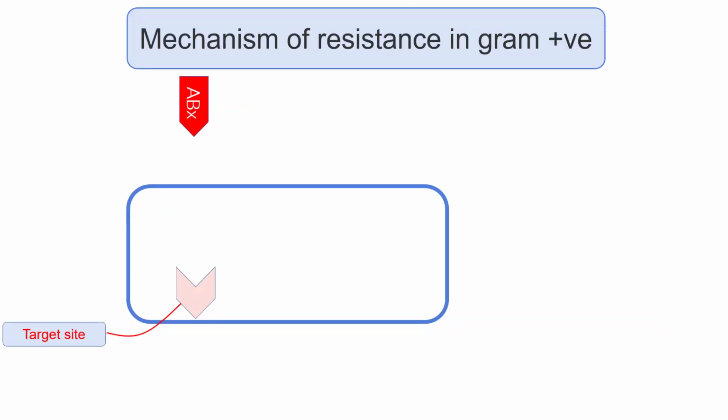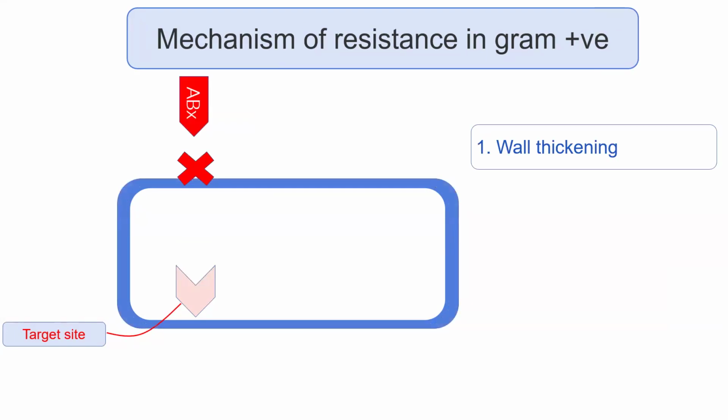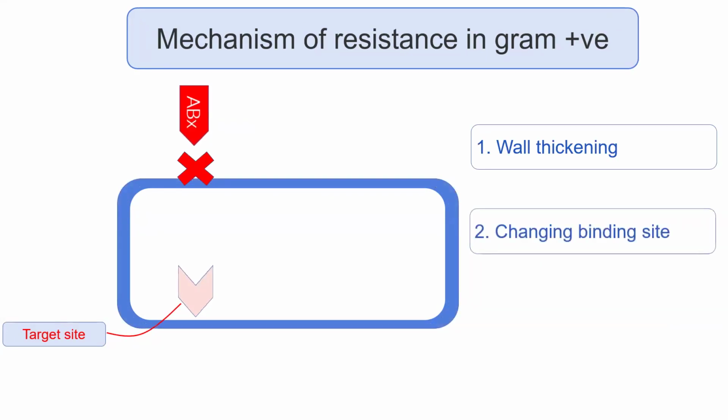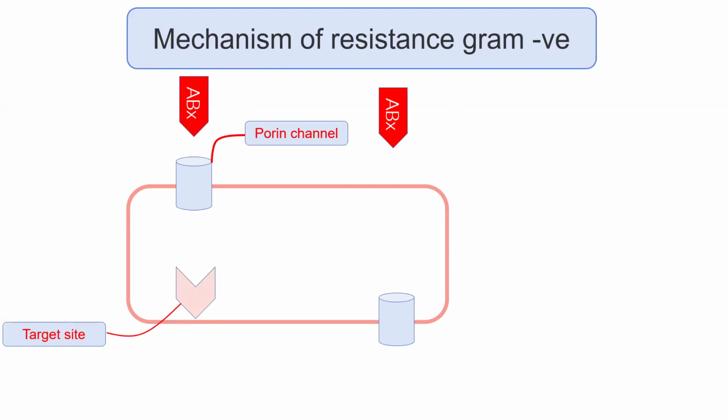The antibiotics acting on the gram-positive bacteria must diffuse through the cell wall to act on the target site. So the mechanism of resistance in the gram-positive bacteria is either wall thickening or changing the binding site. While the antibiotics acting on the gram-negative bacteria must diffuse through their porin channels to act on the target site.